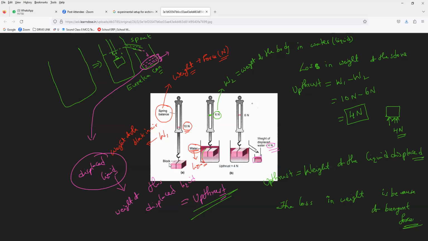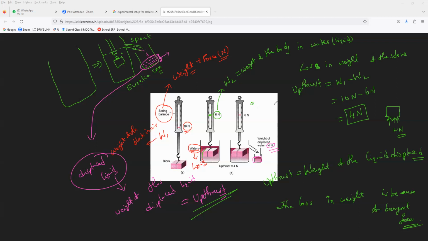Block means a body only. A block means one wooden block or stone or whatever you can take. That's what they are saying, nothing else. Clear, everyone?